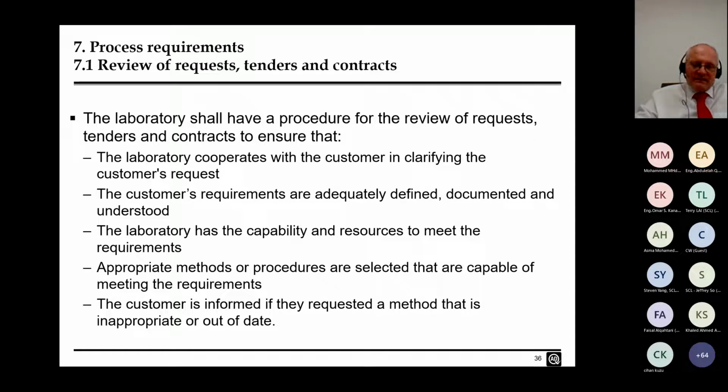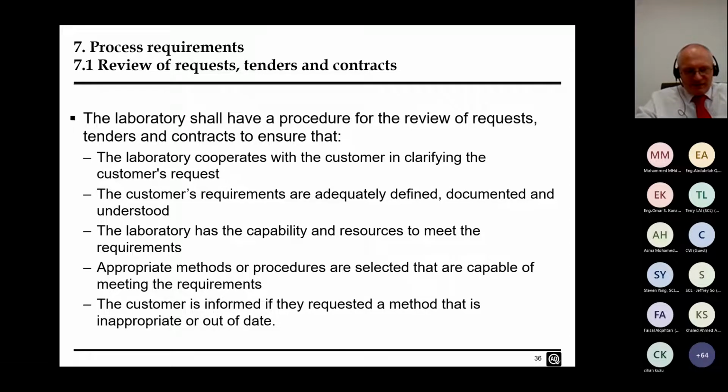So these are the processes that you have to have in place, the processes and procedures that are required. One of the really key ones is something we tend to call contract review. You have to have a procedure for the review of requests, tenders, and contracts. What we're trying to do here is understand the customer's requirements. We make sure that we clarify their requests, that their requirements are adequately defined, documented, and understood.